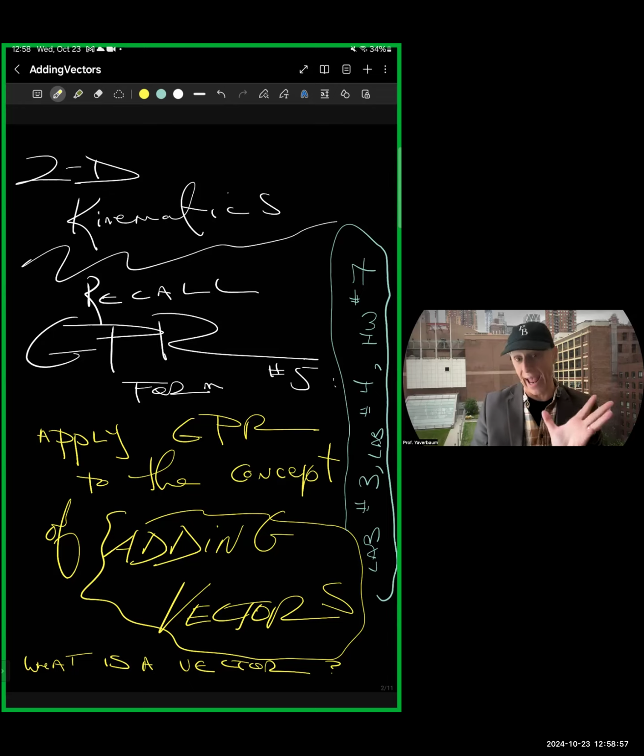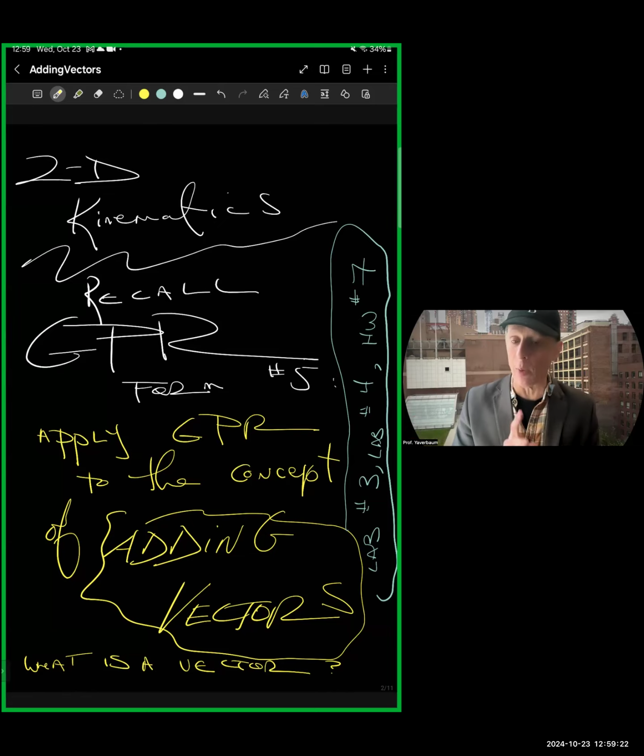We're going to learn a technique for doing addition where we're not just adding raw numbers together. You already know how to do that. You know how to add the number 2 to the number 3 and get the number 5. What I want to show you today is one method for adding vectors together, i.e. adding quantities together that not only have a size, but have a particular direction.